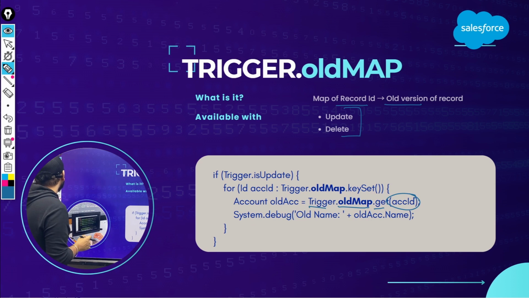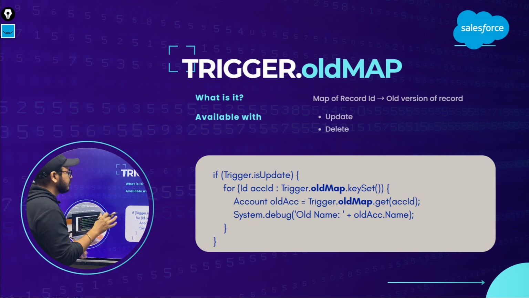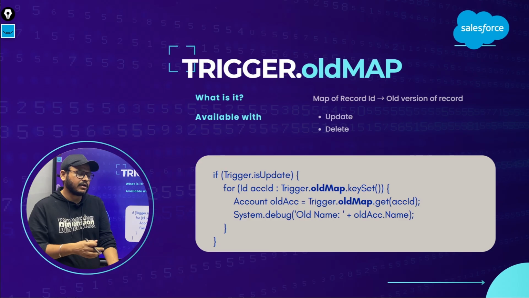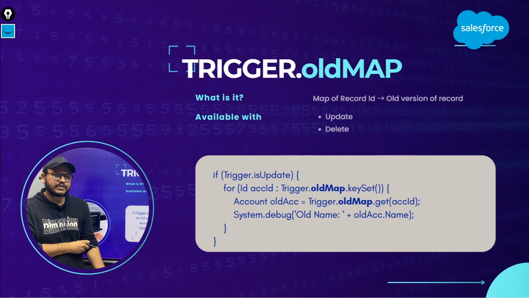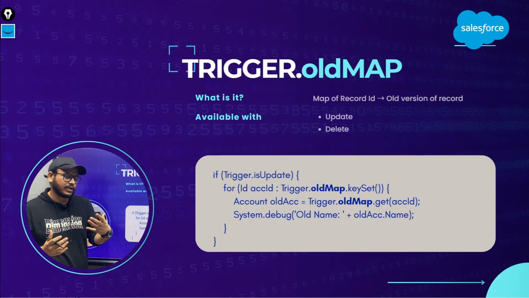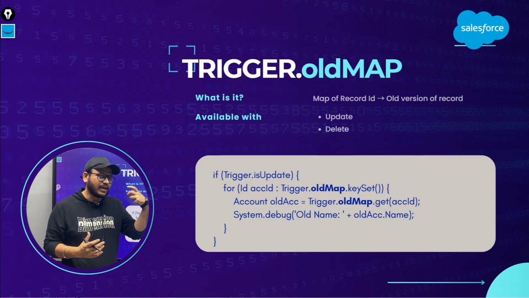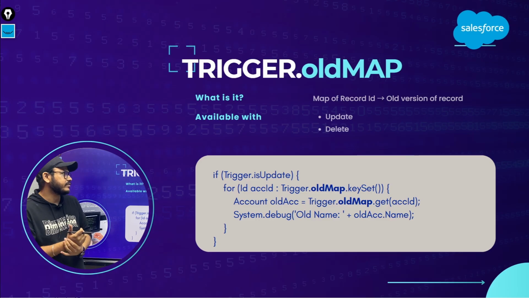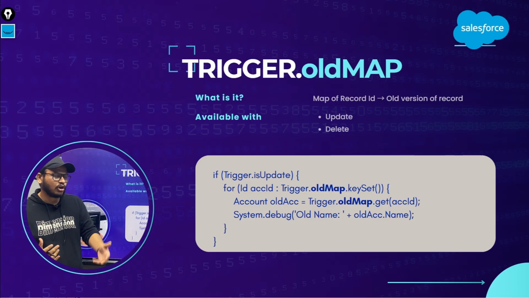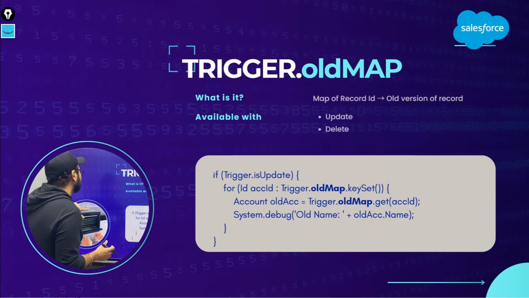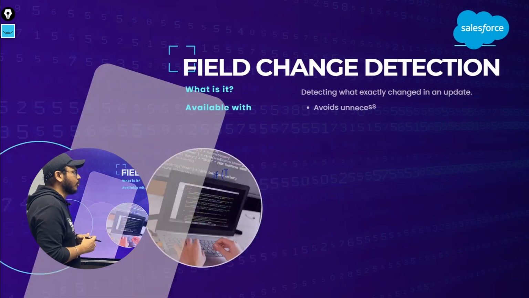Now we'll try to understand Trigger.newMap and Trigger.oldMap. There is a very specific use case. The moment you start working with slightly more advanced triggers, you will see the use of Trigger.newMap and oldMap a lot more. I'm going to talk about one particular scenario, which is very common.